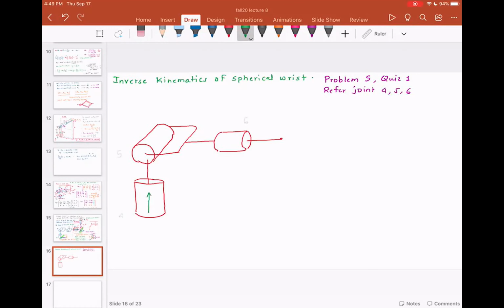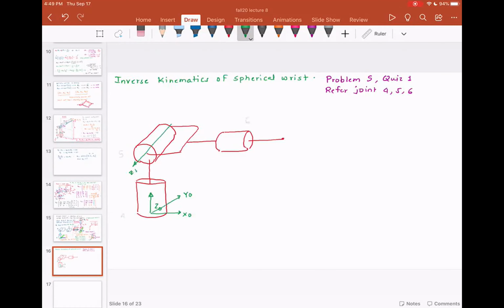First and foremost, this is going to be my Z0, X0, Y0. Then I'm going to have Z1, then X2, I'm sorry, and Y1. So this is Z1.